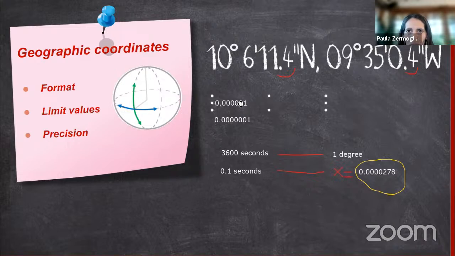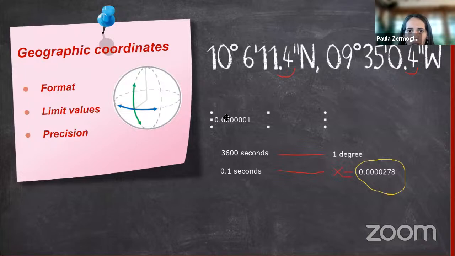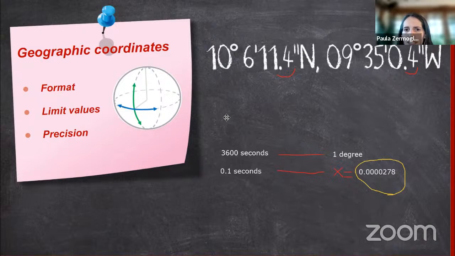Okay, so we're going to erase this one. Let's see if it allows me so that we keep the slide clean. Okay, so this is about coordinates. It's going to be super important that you come back to this and make sure that you have understood the thing about precision, because we're going to use it a lot, and you will surely have to convert coordinates when you're georeferencing.